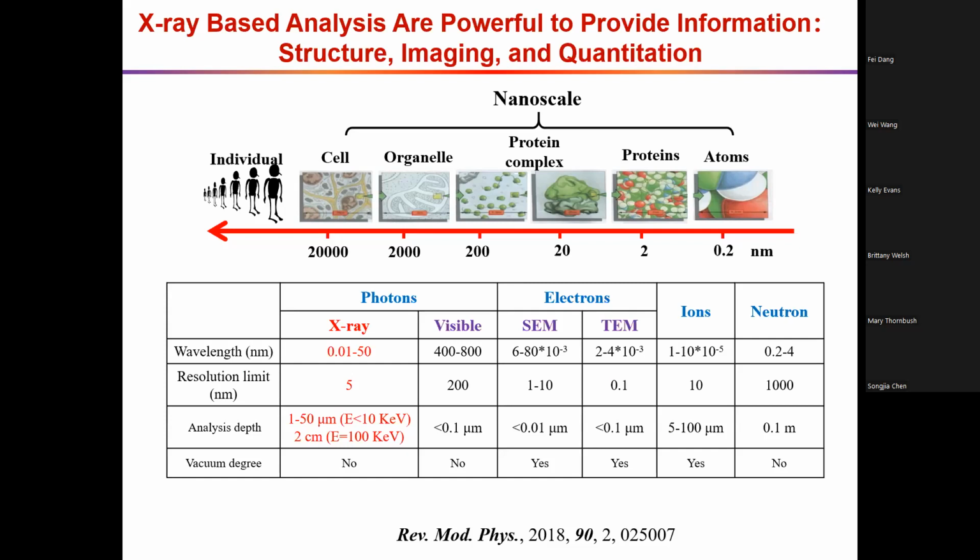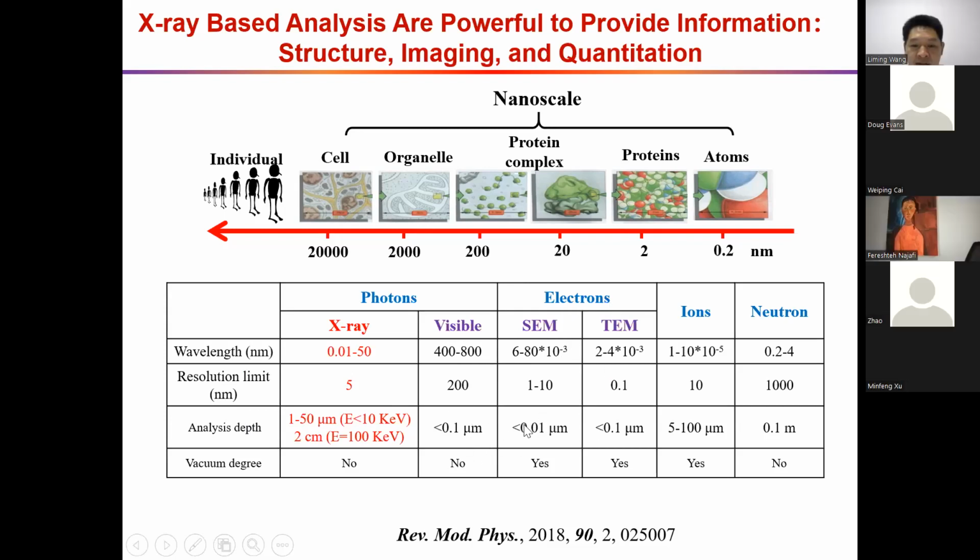Also, X-rays have an excellent ability to penetrate samples. They have high energies, so they can penetrate samples to much higher depths. But for visible light and electrons, the ability is weak. They can hardly penetrate cells.